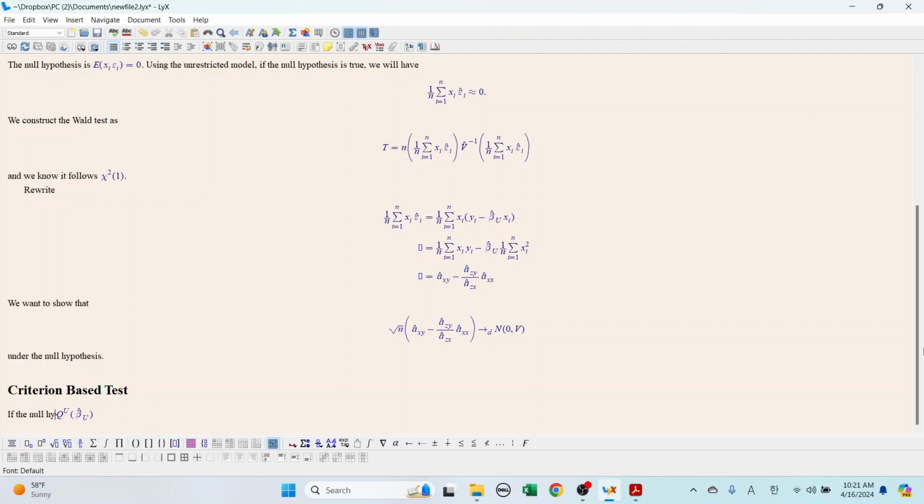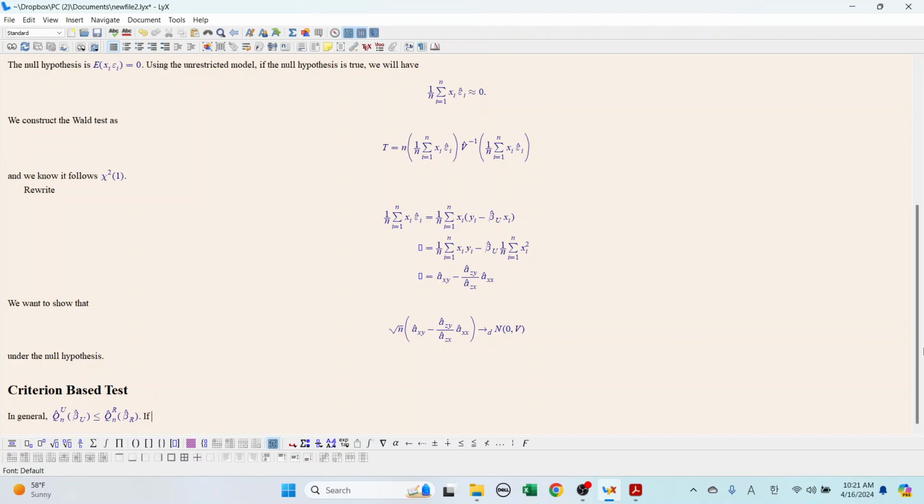In general, if the null hypothesis is not true, the unrestricted minimum will be smaller than the restricted minimum, because the restricted minimum is minimization with constraint, so it cannot do as well as the unrestricted minimum.